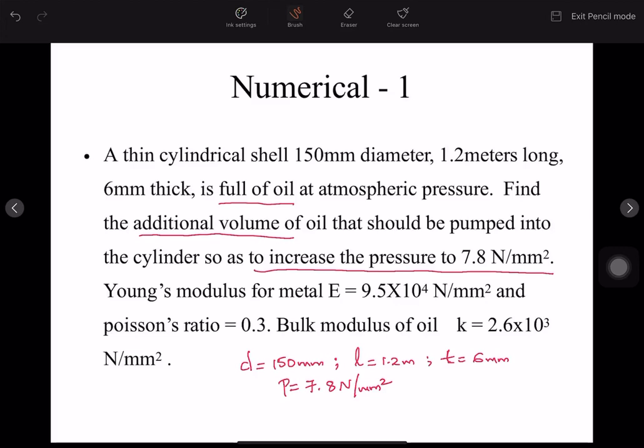So here you need to observe the question keenly. What is it asking? It is asking to find the additional volume of the oil that should be pumped into the cylinder to increase the pressure to a certain value.